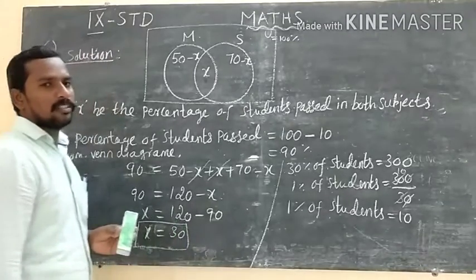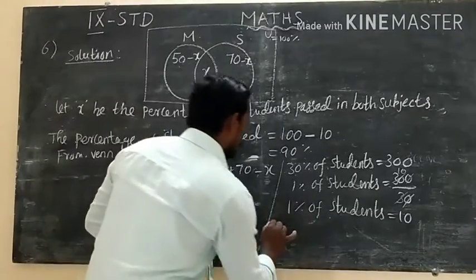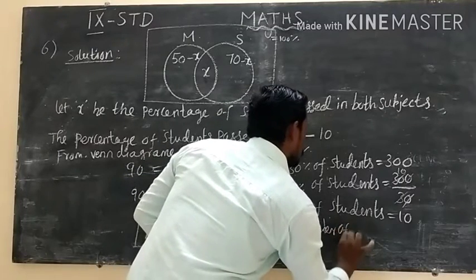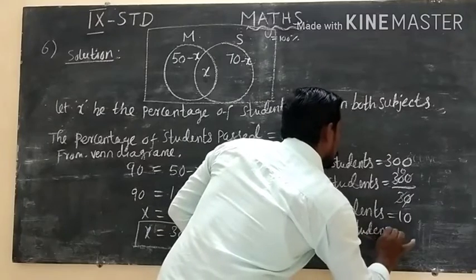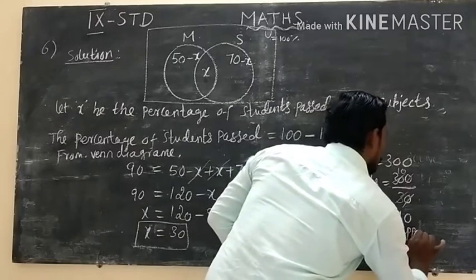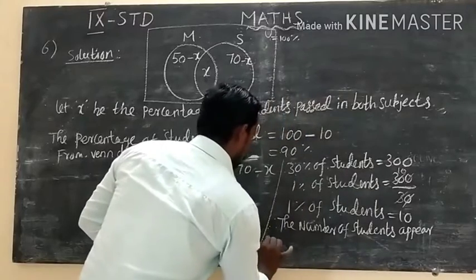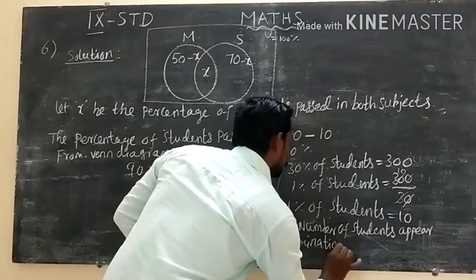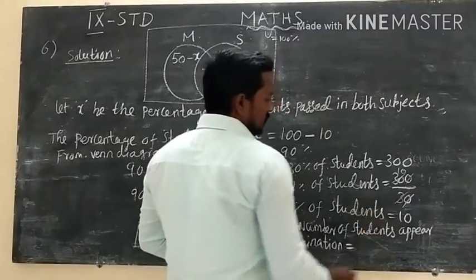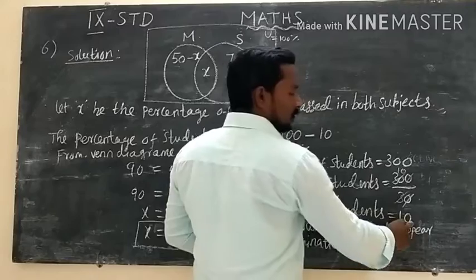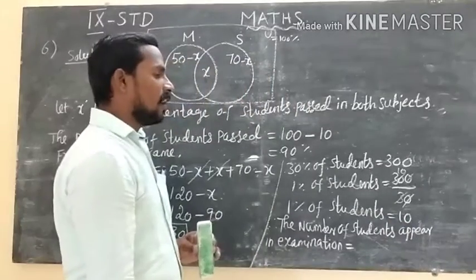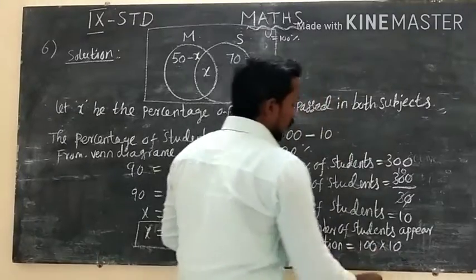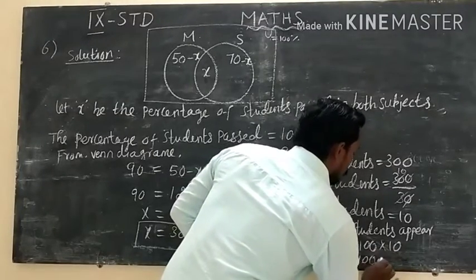Therefore the number of students who appeared in the examination equals 100%. 1% is equal to 10 students, so 100% is 100 times 10, which is 1000 students.